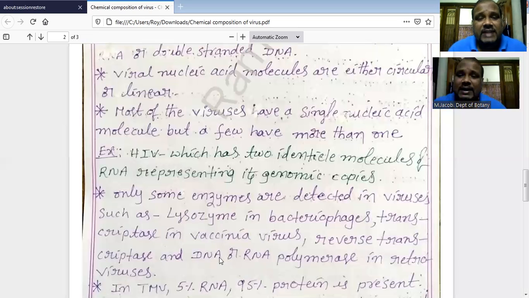Generally, the enzyme system is absent in viruses, but in some viruses enzymes are detected. They are lysozyme enzyme in bacteriophage, transcriptase enzyme in vaccinia virus, reverse transcriptase enzyme, and DNA or RNA polymerase in retroviruses.